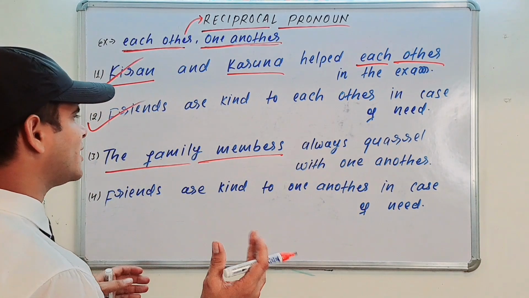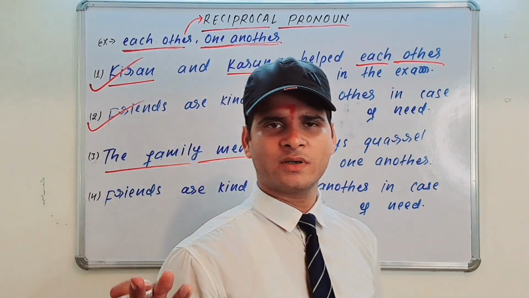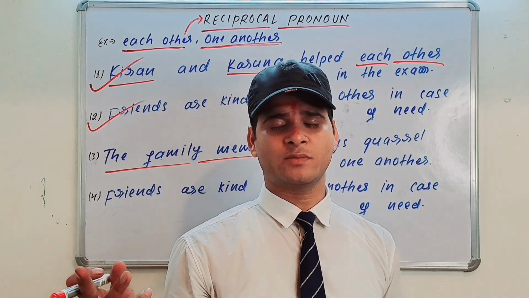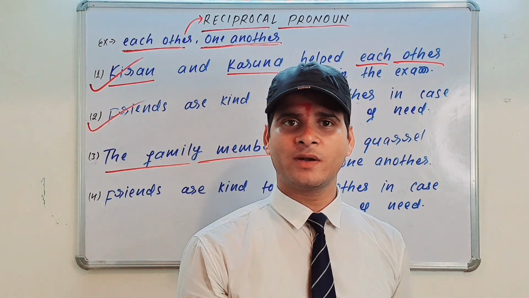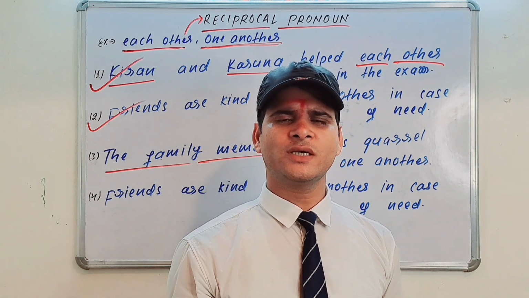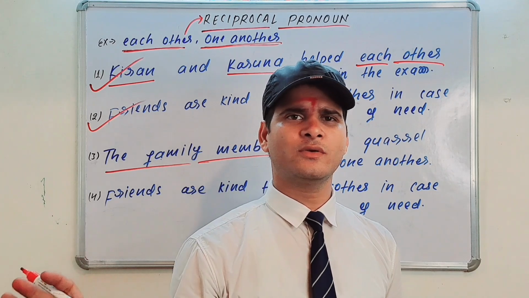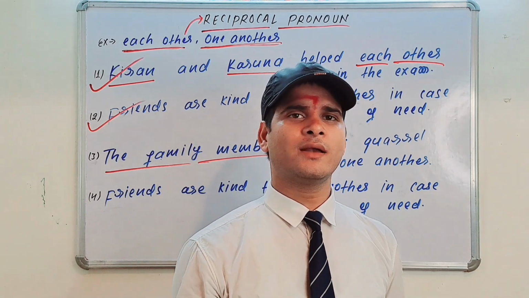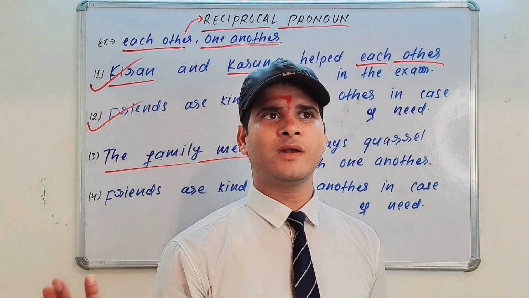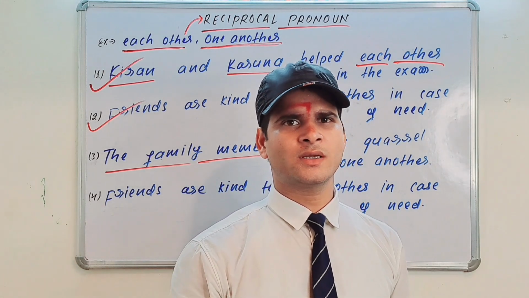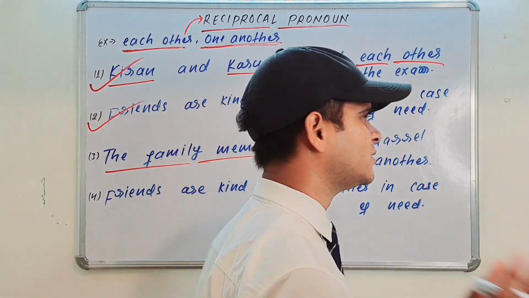So I think we can also use each other here, because it is possible there might be only two members in your family, so we can also use each other in place of one another, so that there will be no mistake. You can use each other or one another in place of family members, because it can be two or more than two in number, so it depends upon you.